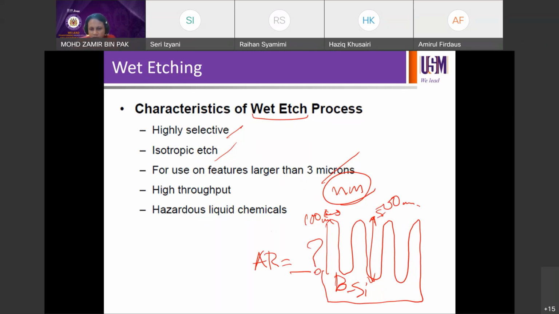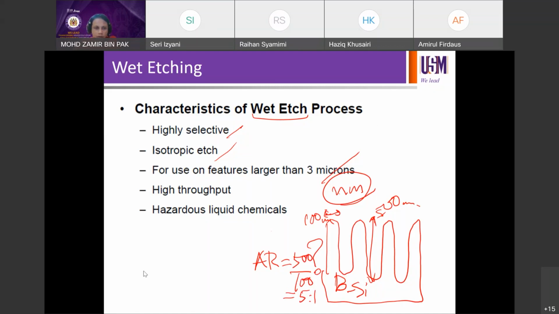So it's 500 over 100, depth over width, 5/1. You can put it as a fraction, numerator and denominator, 5/1 as well. You can also say AR equals 5, same. So when you say AR 5, it means 5 with respect to 1, already divided.